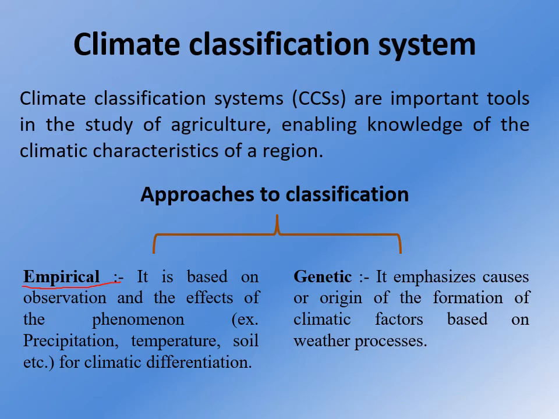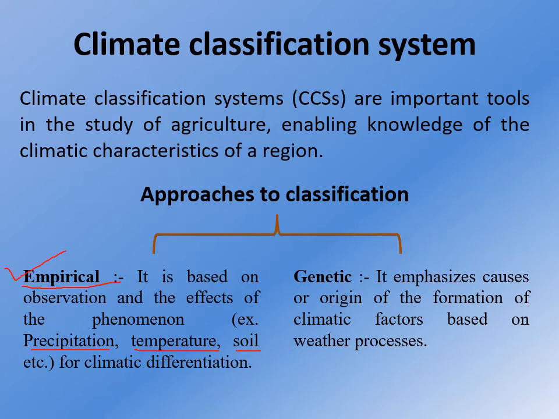Say, for example, we define the climatic conditions simply on the basis of precipitation, simply on the basis of temperature, or simply on the basis of soil. So, depending on the observed effect of any element in an area, we classify climate, and that approach is known as empirical classification.